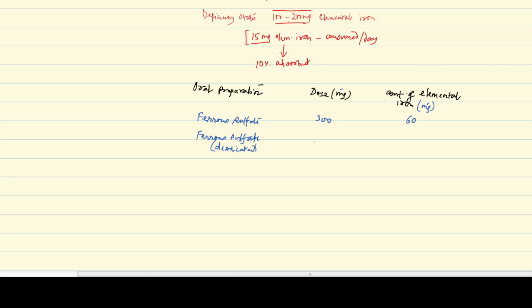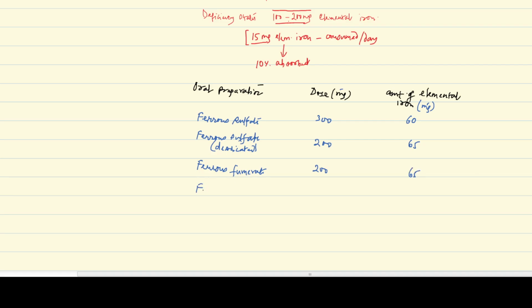So desiccated, if you give 200 milligram of the desiccated, you get about 65 milligram of elemental iron. Okay. So if we look at ferrous fumarate, this is again a 200 milligram dose, and out of that you get about 65.